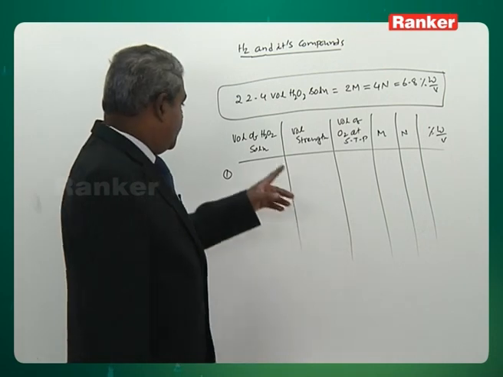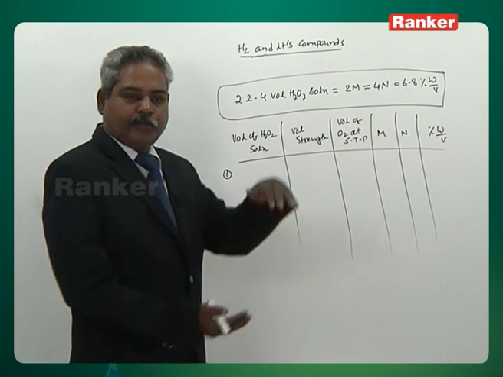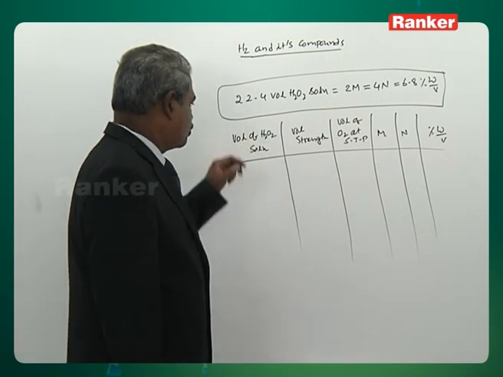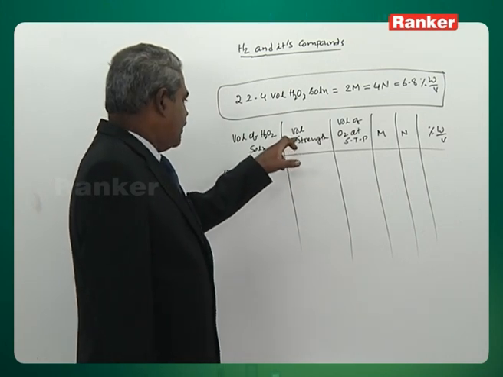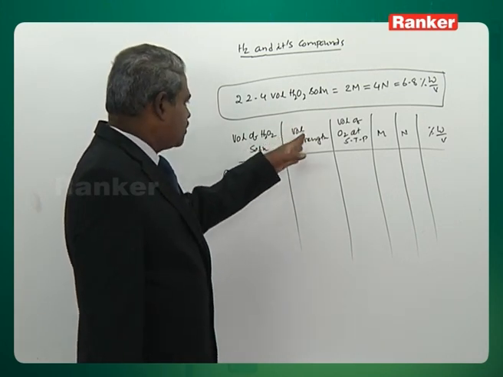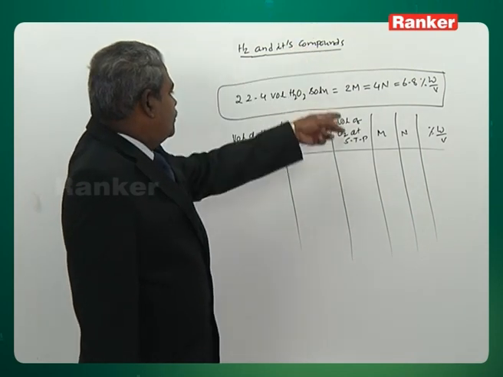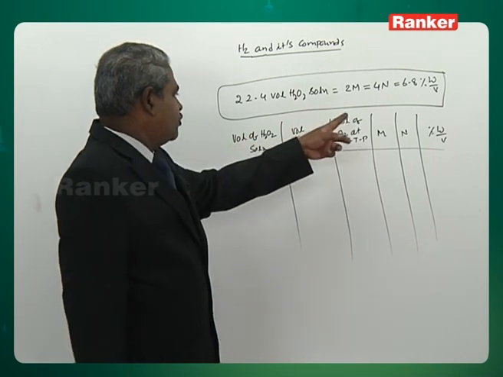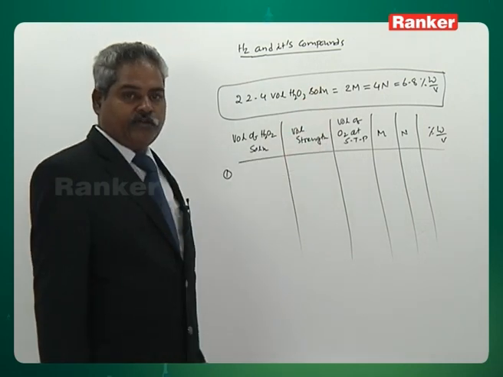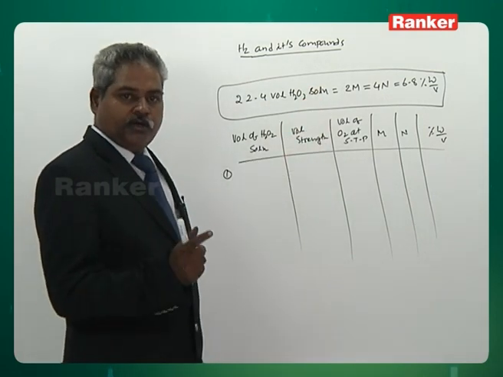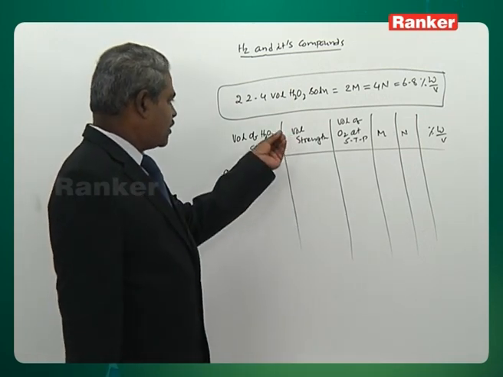Don't be confused. This is the volume of the solution, the volume present in a bottle. Volume strength is the label you put on it, the concentration. Molarity, normality, volume strength are concentrations. And volume of oxygen is the volume of the gas. So, this is about the solution, this is about the gas, this is concentration. Don't be confused: volume of the solution, volume of the gas liberated, and volume strength, which is actually the concentration.